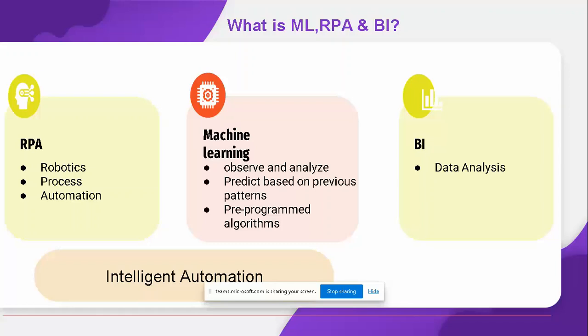Now let's talk about machine learning. What exactly is machine learning? This application observes and analyzes your data, because data is the most important, most crucial part of an organization. It will provide you predictions, like at what time your employee is going to leave the organization, or whether the employee is satisfied with the organization or not.